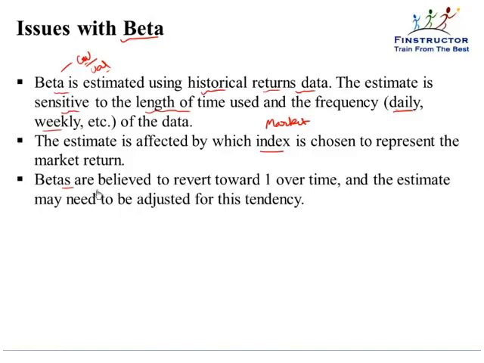So betas are believed to revert towards 1 over time as the country becomes developed. Because we are using the beta estimate in calculating cost of capital, which is used for discounting long-term cash flows, the estimate of beta may need to be adjusted for this tendency of reversion towards the number 1. We will study how to incorporate this in later reviews, but that's another issue that you should be aware of.